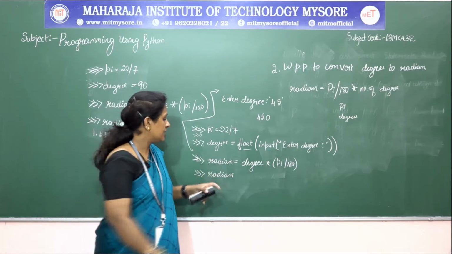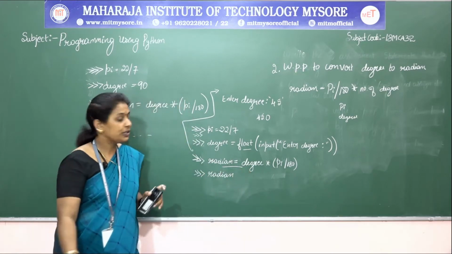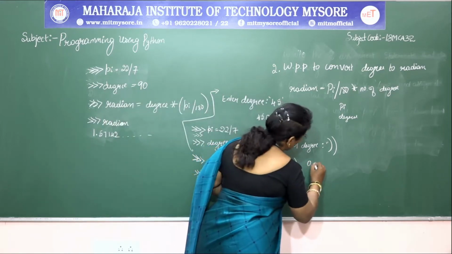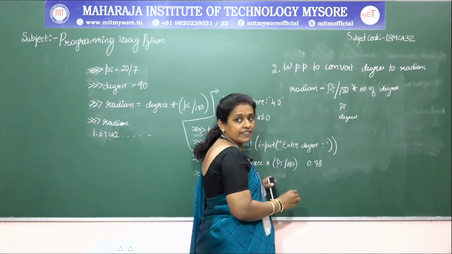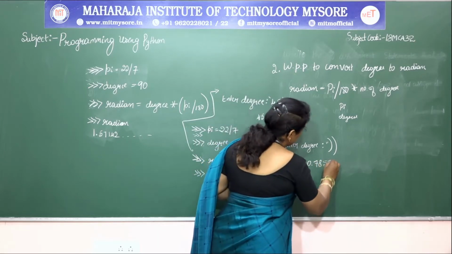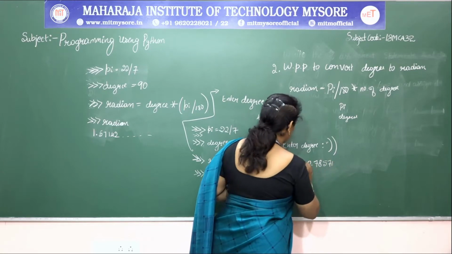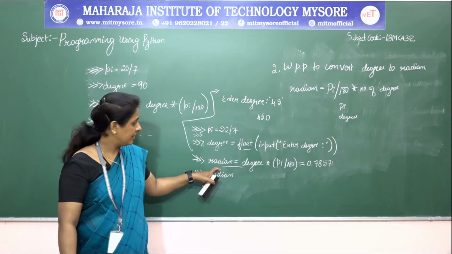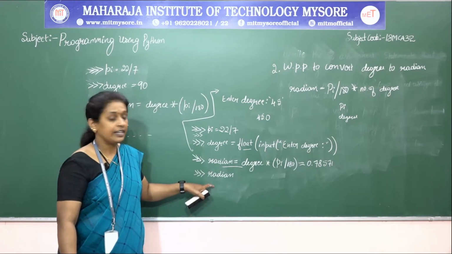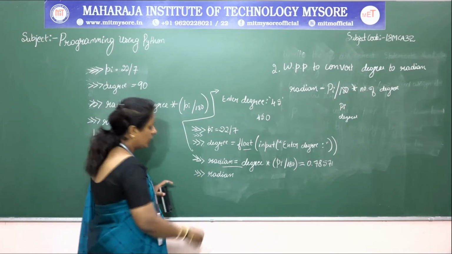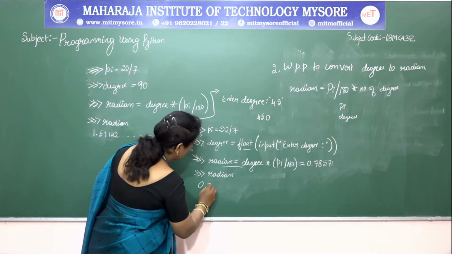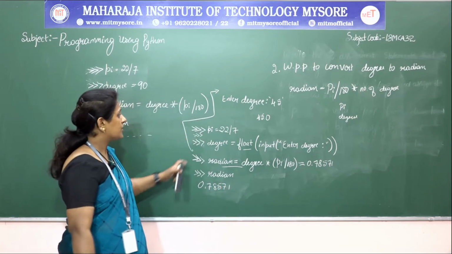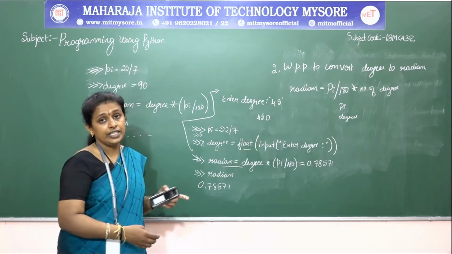After that this statement will be executed. The output value will be approximately 0.78571. This value will be stored in a variable called radian, and I am just displaying the content of this radian. So the value will be 0.78571, which is with respect to degree 45.